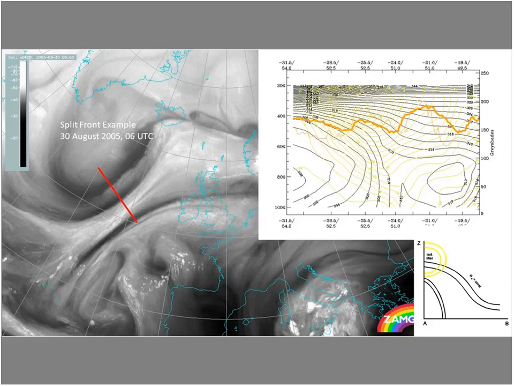Again, one example, a split front, when we have different air masses going on, and if we are going through them, we can expect a turbulent environment.